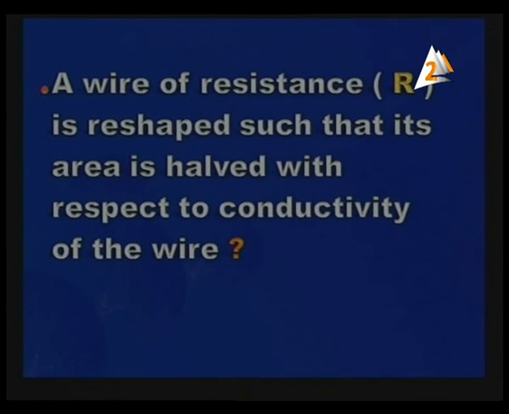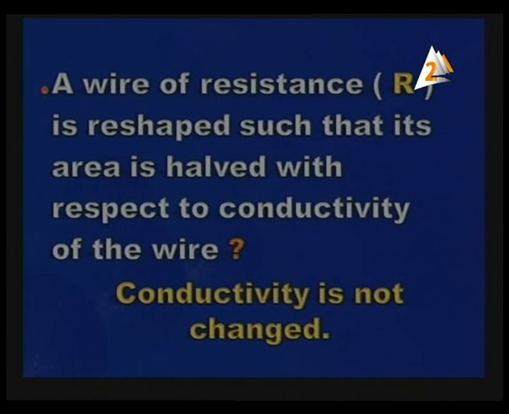That's to say they change only when we change material and temperature. We didn't change either of them, so conductivity is unchanged since it depends only on kind of material and temperature.